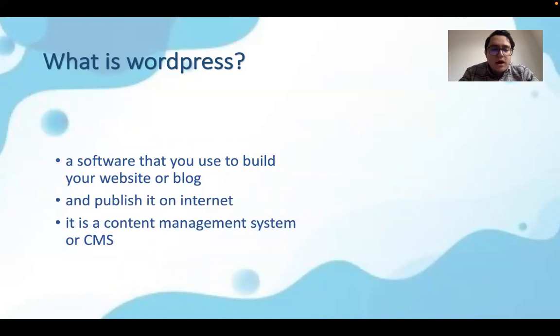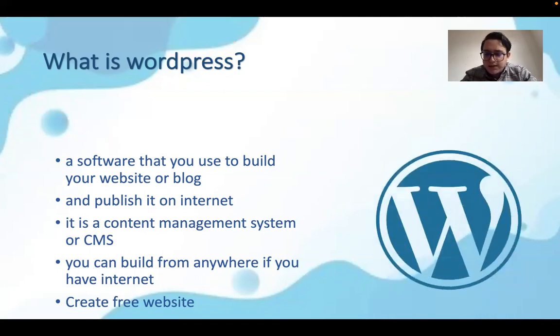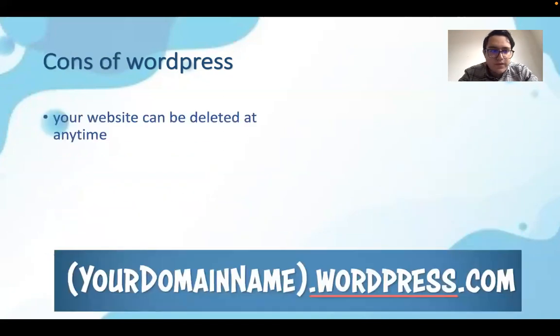It is a content management system, or CMS. You can build from anywhere if you have internet. It's free, so you can create a free website. It has an option that you have to pay, but the basic option is free. And this is the logo or the symbol of the program.